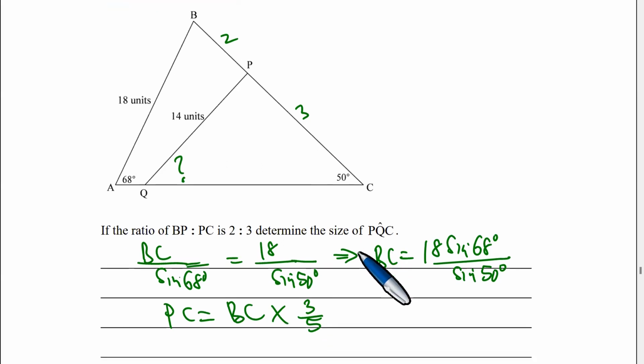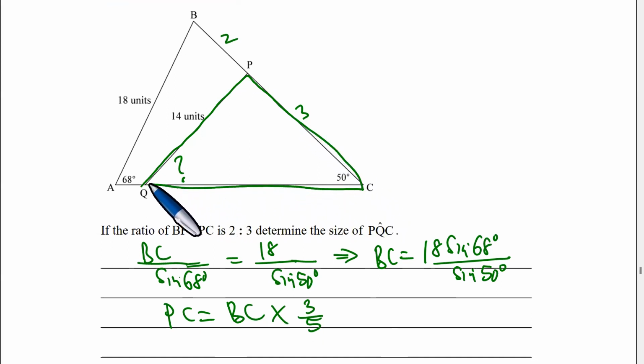Right, we are in a position now to continue with this. Then we go to the final step. The final step now is to just work in this triangle here, to find the angle they want, PQC. So effectively, here we worked in triangle ABC.